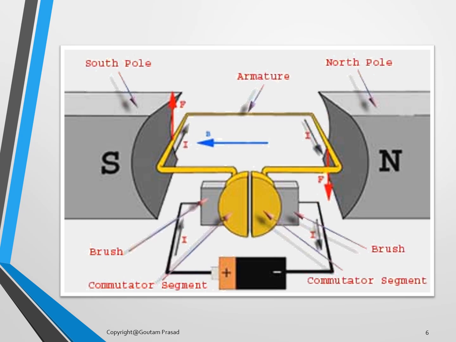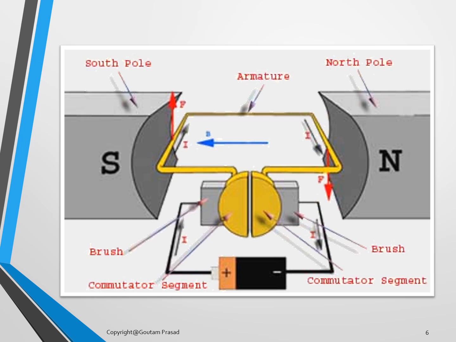You can see the positive terminal and the negative terminal have been connected. As such, the current is passing through the coil, and as in the earlier slide, current flowing in the conductor is causing its own magnetic field, and it is interacting with the field being caused by the permanent magnets. So as a result, the conductor is experiencing force and it starts rotating.